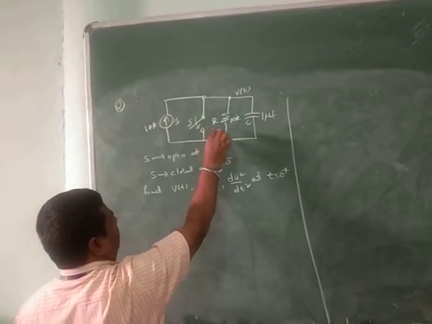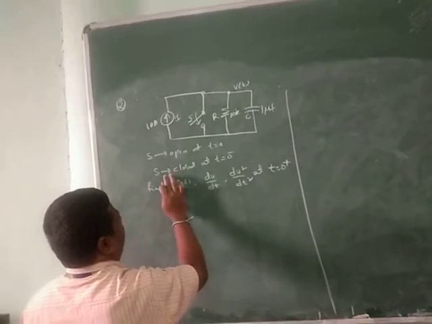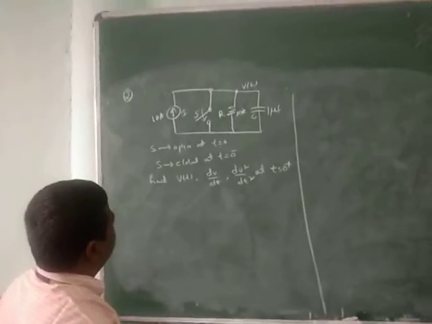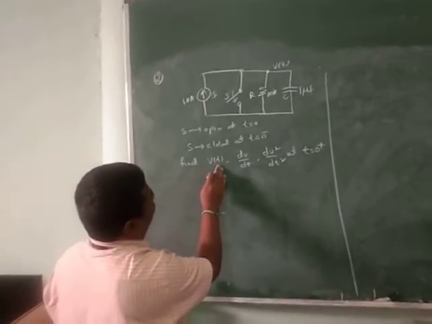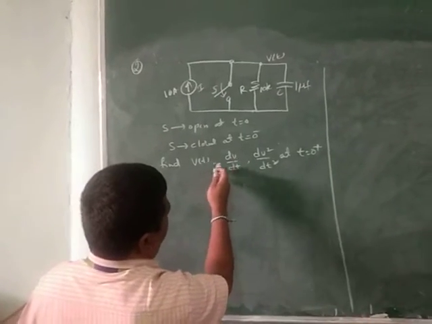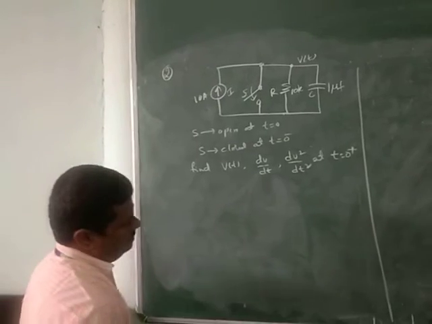Why? Because it is a parallel connection. S is open at t is equal to 0, that means indirectly S is closed at t is equal to 0 minus. The problem is to find v(t), dv/dt and d²v/dt² at t is equal to 0 plus.